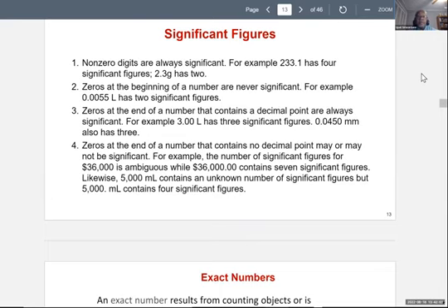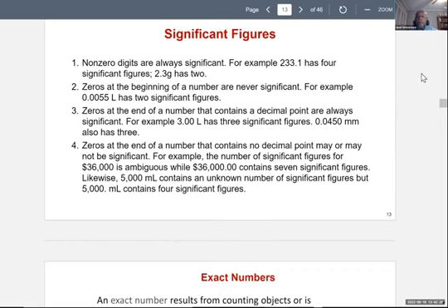So zeros at the end of a number that contains no decimal point may or may not be significant. For example, $36,000. There are 3 zeros. It is ambiguous.